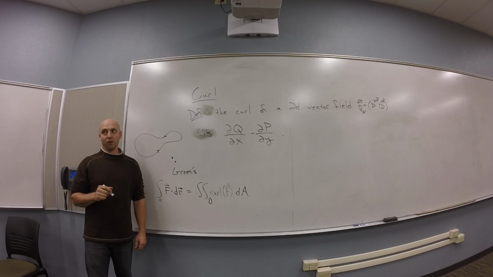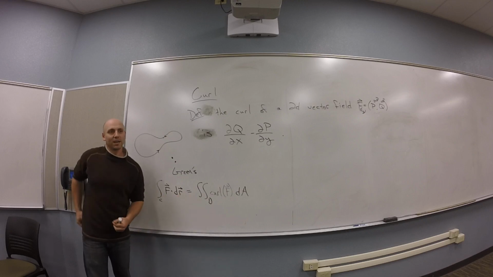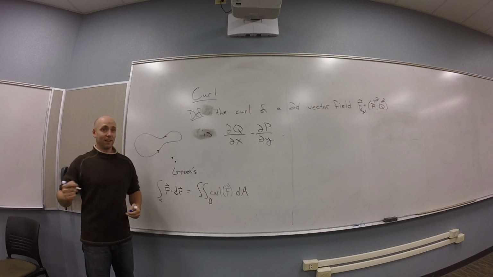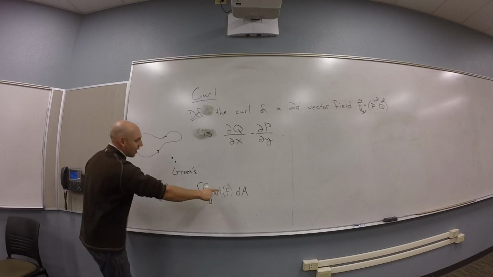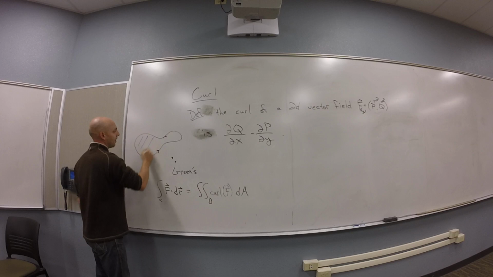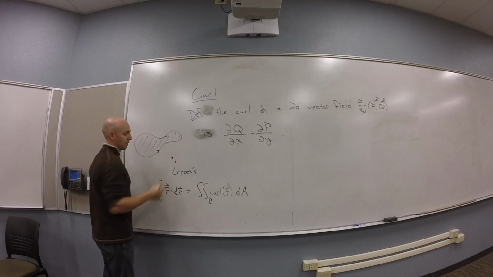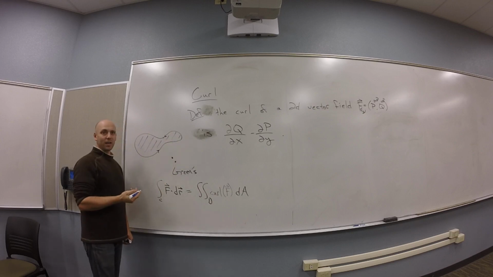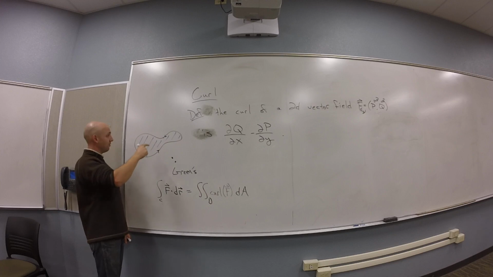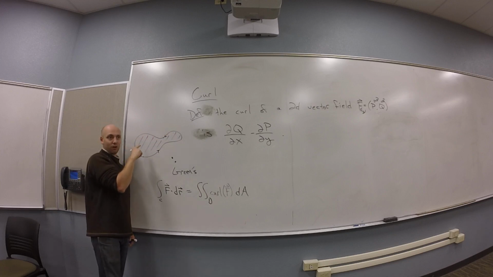So I've restated Green's theorem with this new word curl, and my claim is that there's a good reason for that. I'm adding up over this whole area some quantity, and apparently that quantity gives me the work that gets done by the vector field to go around this boundary curve.